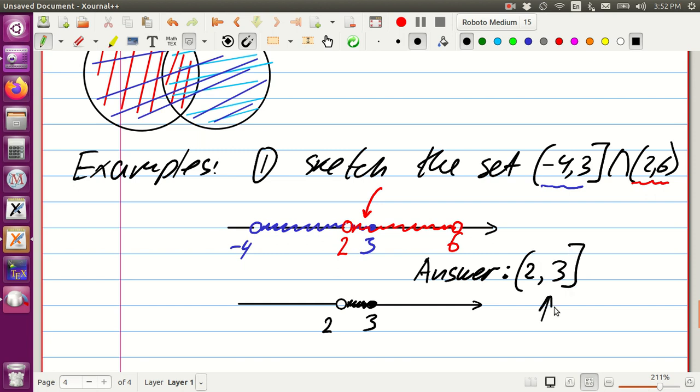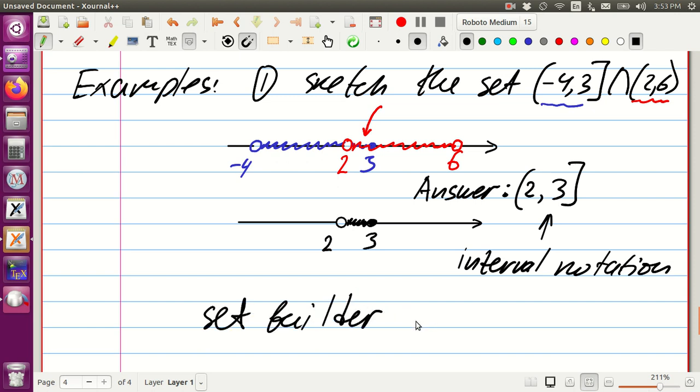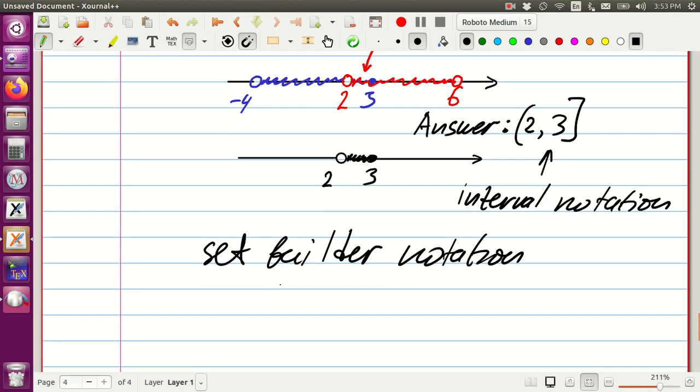And this is called interval notation. All right, so we have a visual representation, interval notation, and it's also set builder notation. So if you write it in set builder notation, we're going to take all x such that x is strictly bigger than 2 and less or equal than 3.